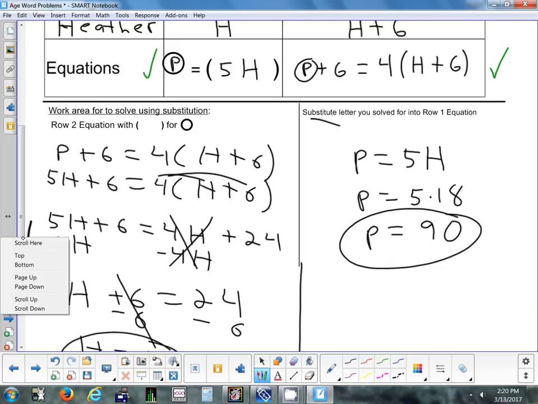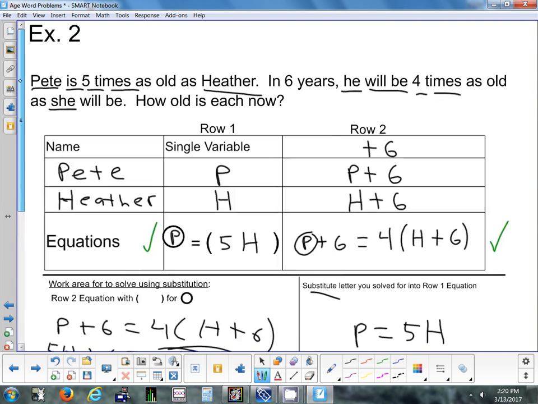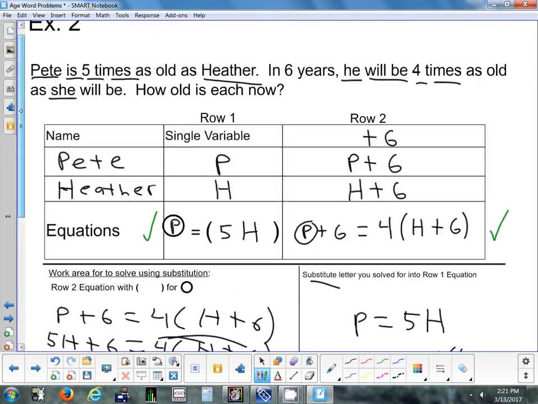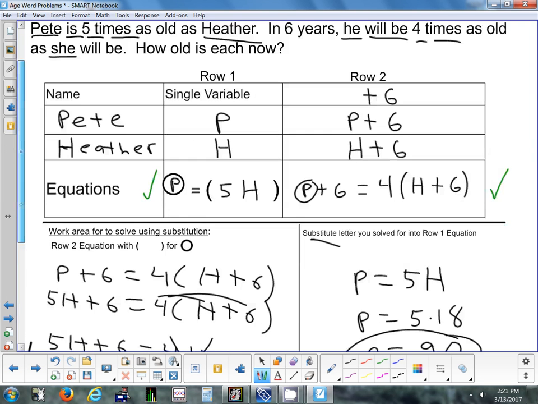Write in the names. So make sure if there's a blank on the test that says Pete, and then a blank. There's a blank on your notes though, guys. Yeah, fill it in on your notes. Pete equals 90 and Heather equals 18.